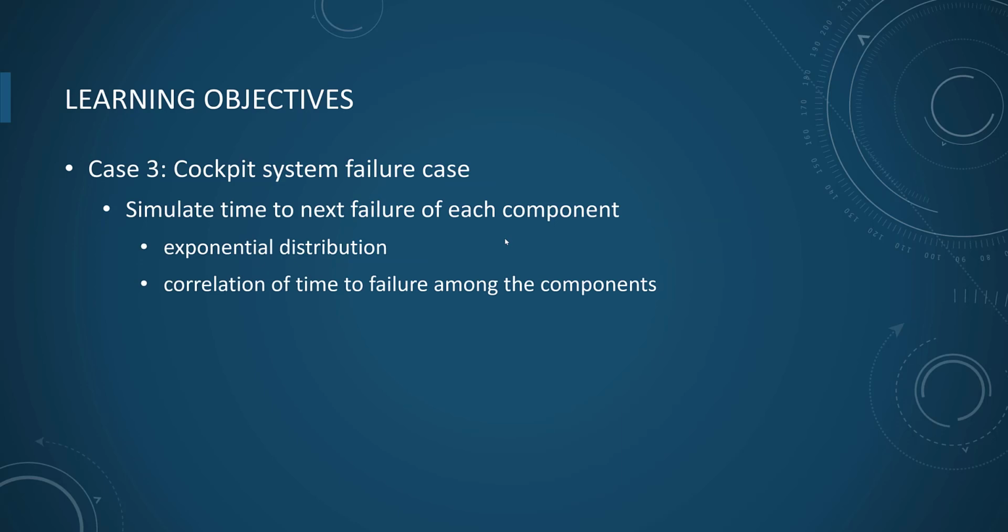Case 3 is the cockpit system failure case. Here again, we have a cockpit system with several components, say 30, 40 components, and each of them has a mean time before failure. We use that to simulate when a particular component will fail, and we use an exponential distribution for that.